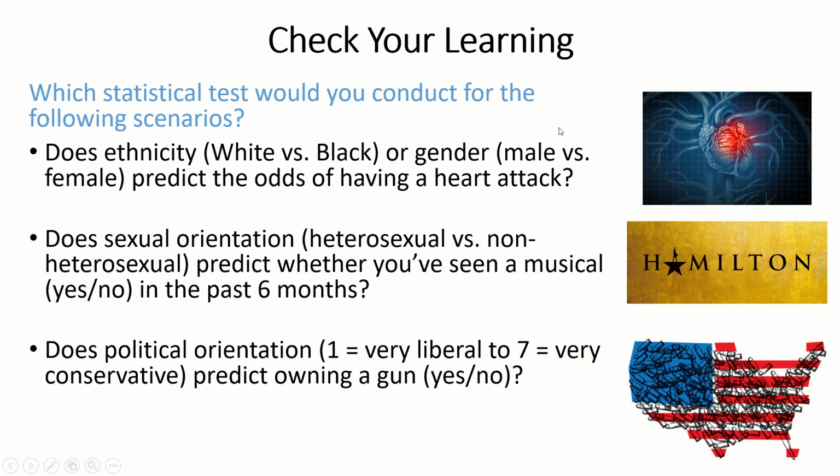So go ahead and pause the video, take a look at the 3 research scenarios, and then decide which tests you should use. And then unpause the video, and then we'll go through the answers. So pause it.